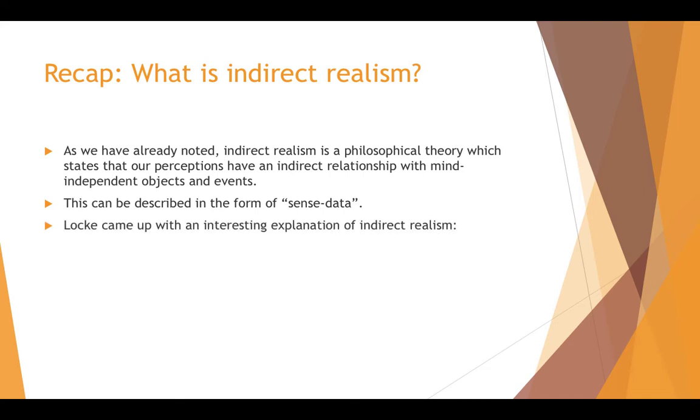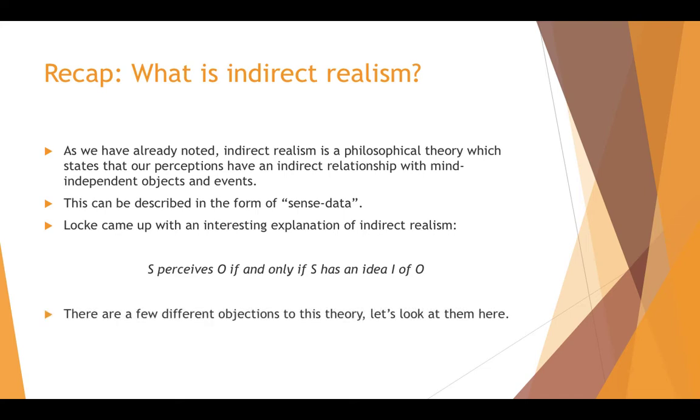So Locke came up with a very interesting explanation of this indirect realism. He said that a subject perceives an object if and only if the subject has some idea of that object. And that's how it's formalized.